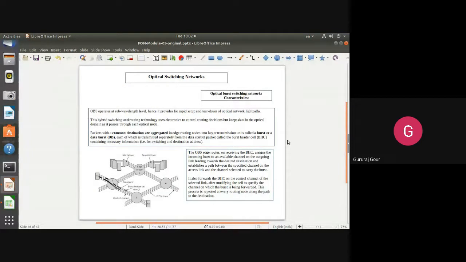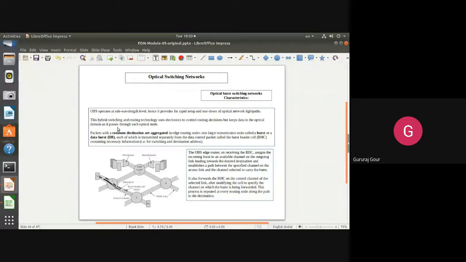Next comes optical burst switching networks. It operates at the sub-wavelength level, means it provides a rapid setup and tear down of optical network light paths, much faster than the previous two technologies, and it is going to incorporate both the methods.